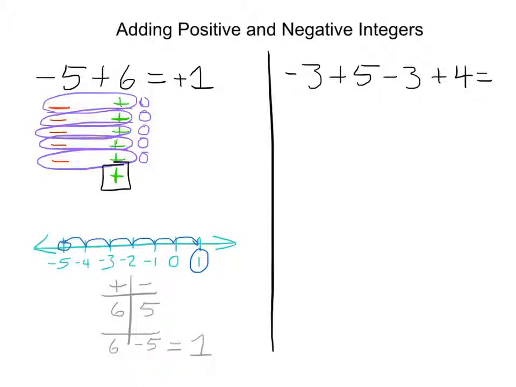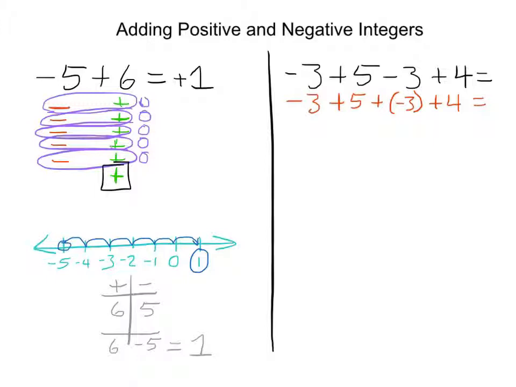So instead of saying negative 3 plus 5 minus 3, we can rewrite it as negative 3 plus 5 plus negative 3. Okay? So that's your first step. Anytime you guys see a subtraction problem, I want you to rewrite it as a plus negative. And that just helps you remember that that 3 is not being subtracted and it's not positive. It's a negative number. It's a negative 3.